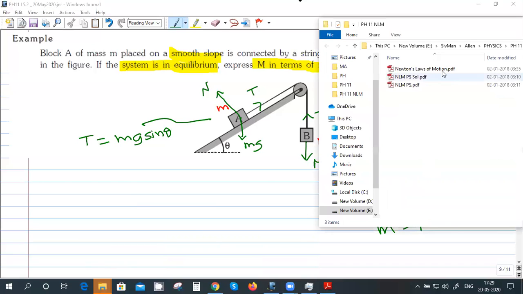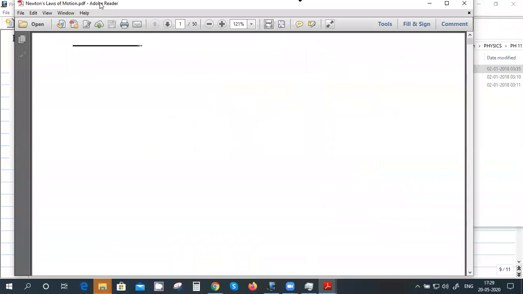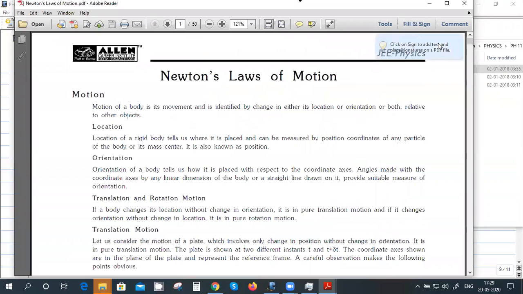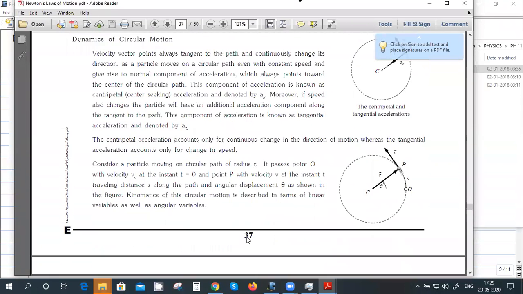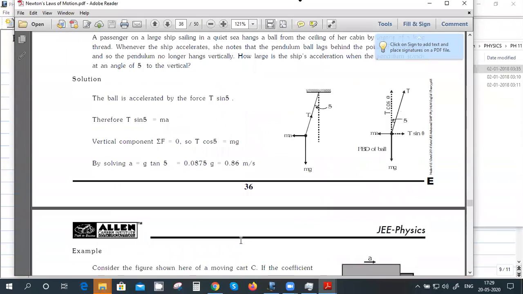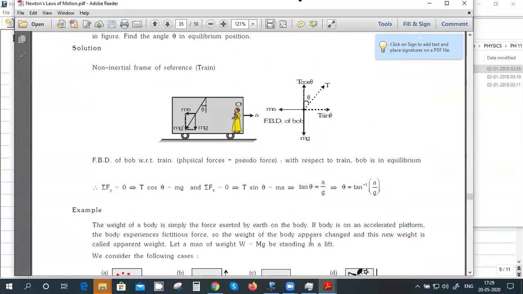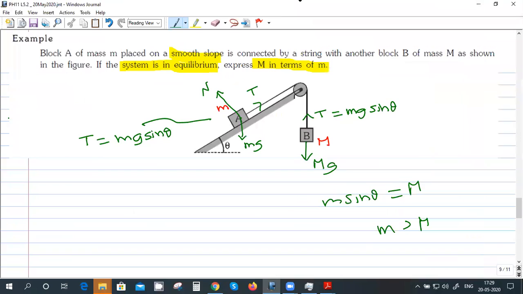Yes, sir. So this is not a correct symbol, but anyway, it does not matter, because before solving the problem, you do not know which one is heavier. Are you making any mistake then? Sir, small m should be heavier, right? B. See, the tension is mg sin theta, right?